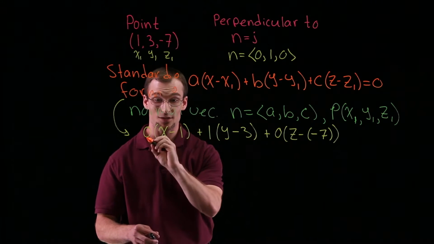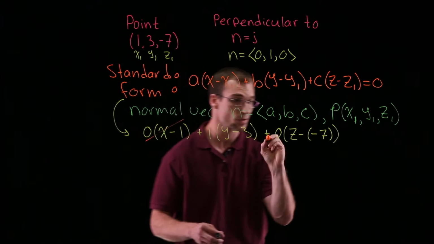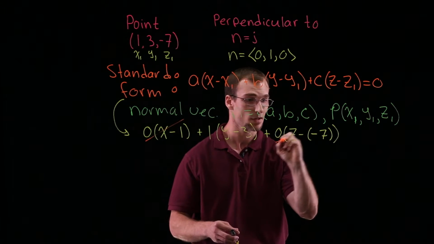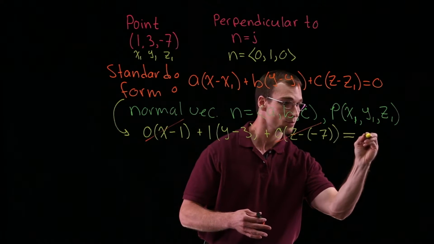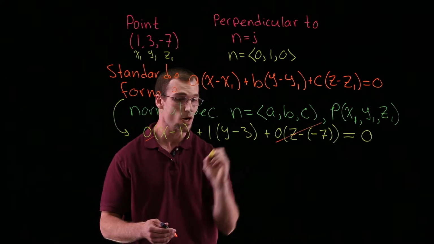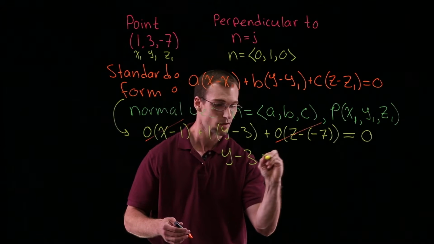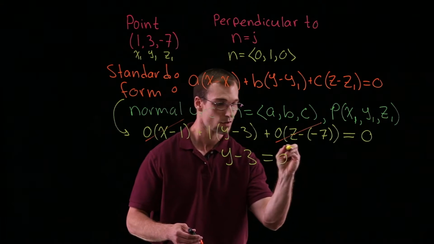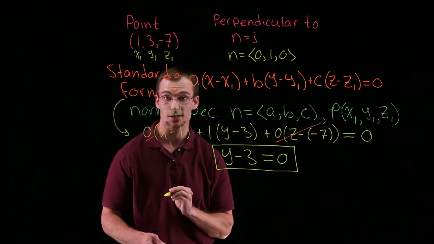And so we can simplify this. 0 times x minus 1 is just 0, and 0 times z plus 7 is just 0. And of course, let's set our equation equal to 0. So then what we're left with is 1 times y minus 3, which leaves us with just y minus 3 equals 0. So our equation simplifies to this.